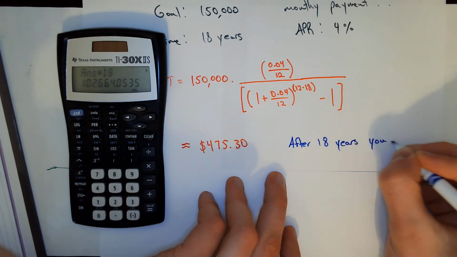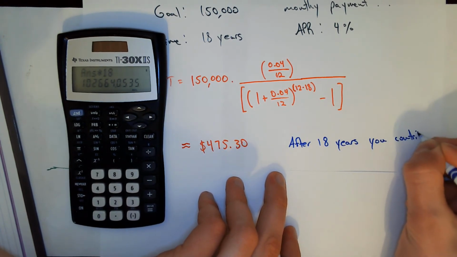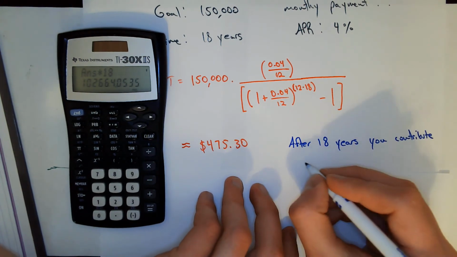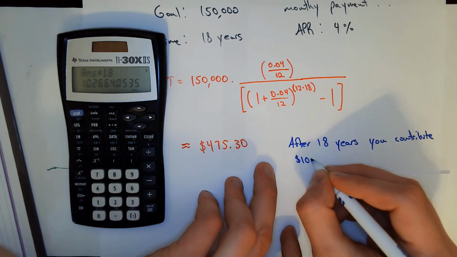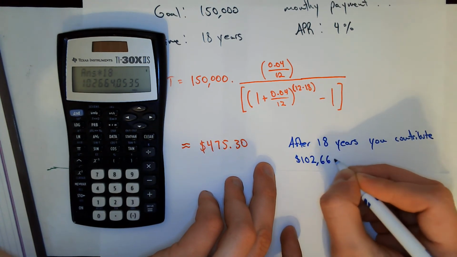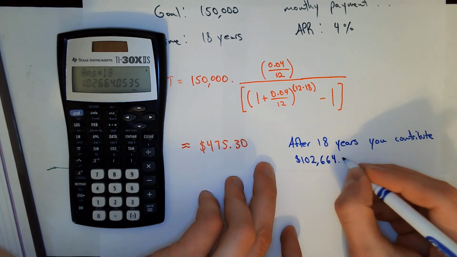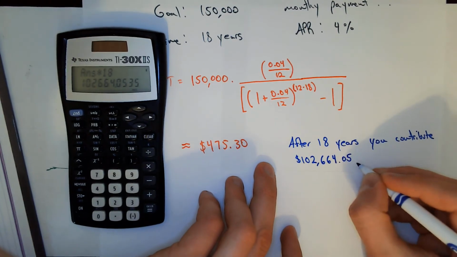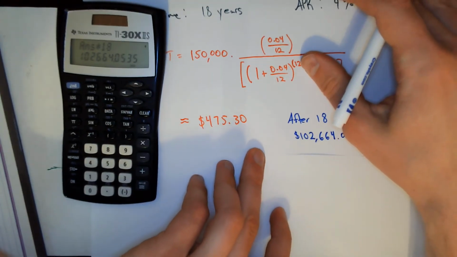You contribute $102,664.05. So that means how much is coming from interest?